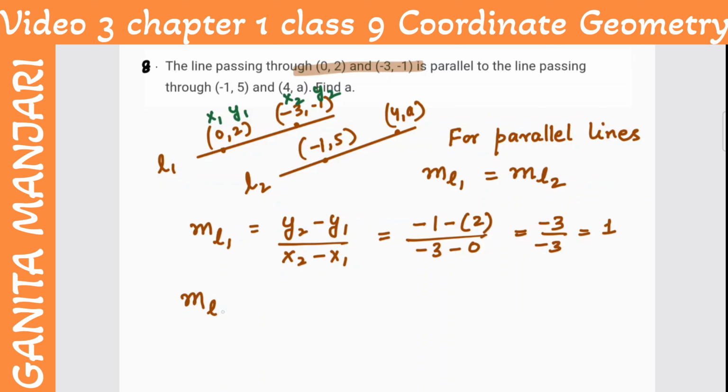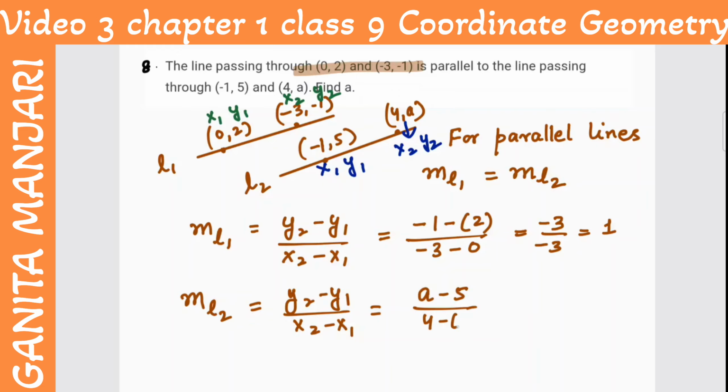Now the slope of L2. Let us write this as x1, y1 and 4, a can be written as x2, y2. So we have y2 minus y1 upon x2 minus x1. So it is equal to a minus 5 upon 4 minus minus 1. So it is equal to a minus 5 upon 5.